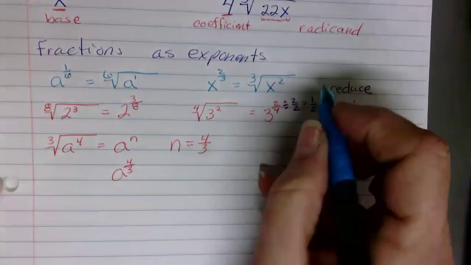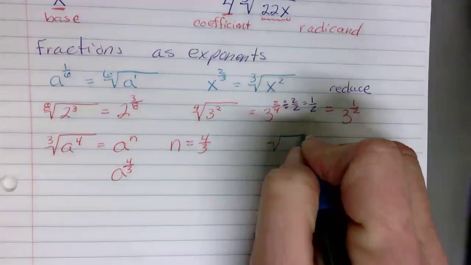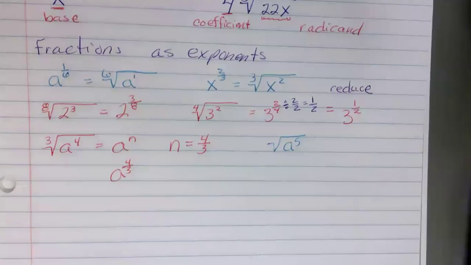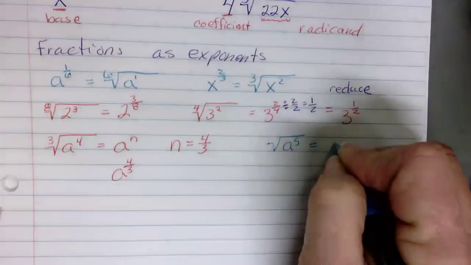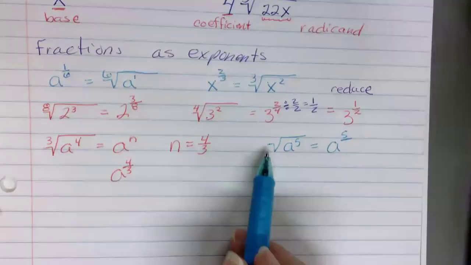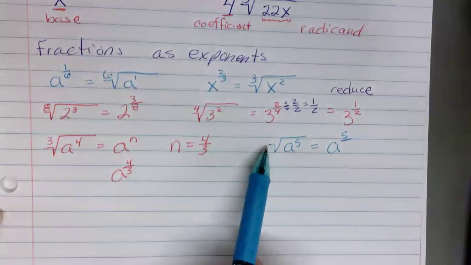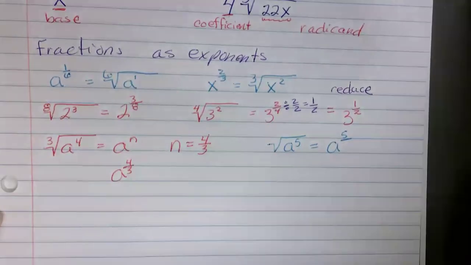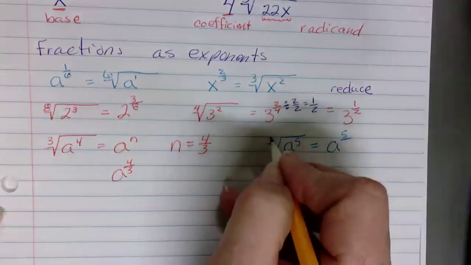Another thing is, if they gave you the square root of a to the 5th power, what would that fraction be like? Well, we've got a to the 5th power over, what would it be over? What is invisible and sitting on the little shelf here? What is the index of this root? Well, it is a square root, so there is an invisible 2 out here.